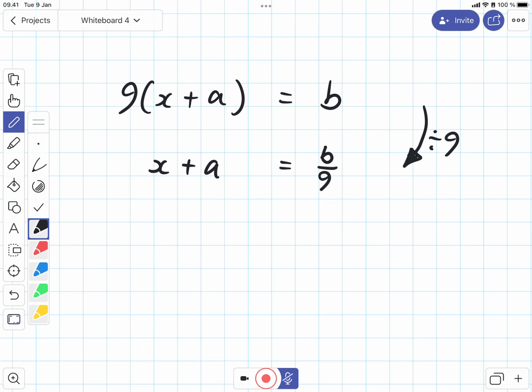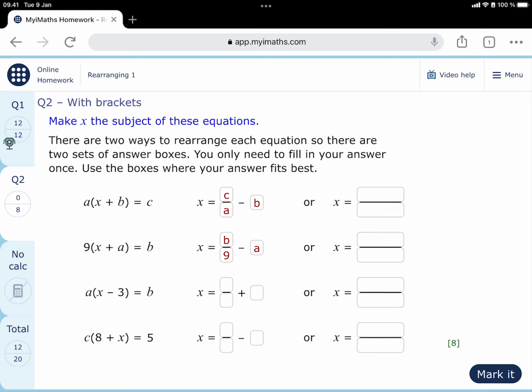So x plus a equals b over 9. I just want the x on its own, so I'm going to take away the a, but I need to do that on the other side as well, so I get b over 9 that was already there minus a. Let's write that a little bit more neatly. So x equals b over 9 minus a. So we've filled in the boxes for that one.